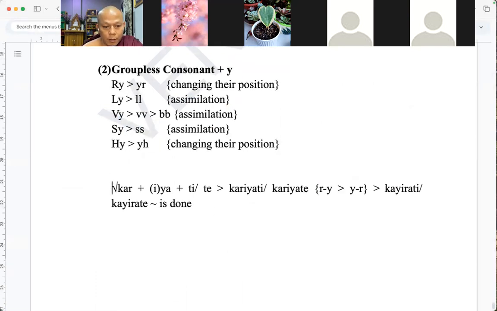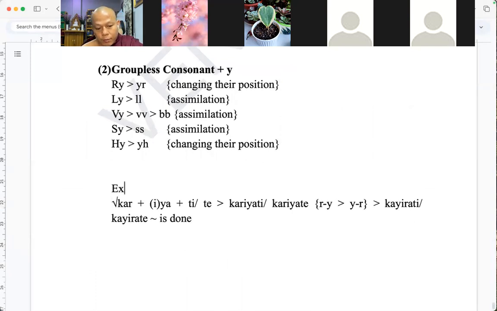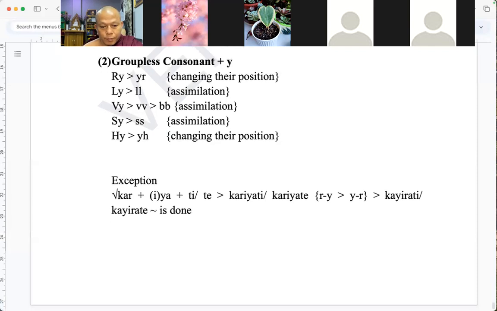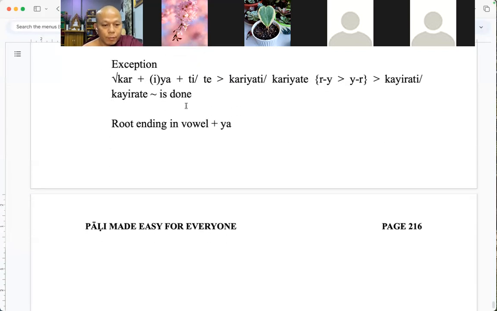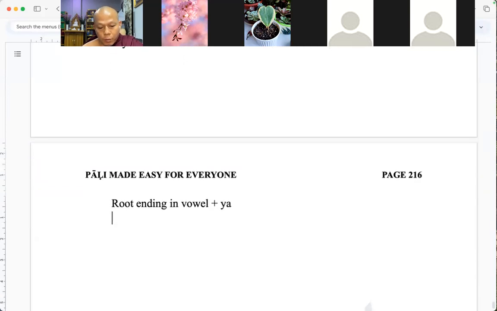These are irregular changes, exceptions also. For roots ending in a vowel and then ya suffix, for example root ni and then ya suffix and then d or d, nothing changed here: niyati or niyati is led.